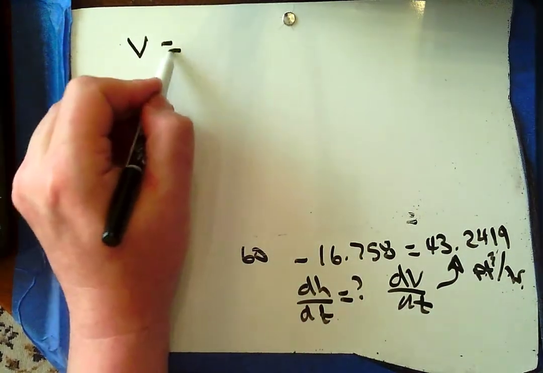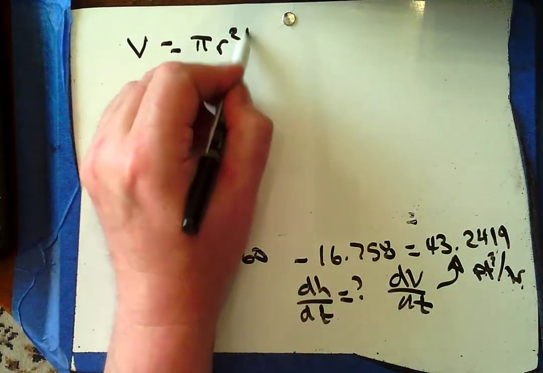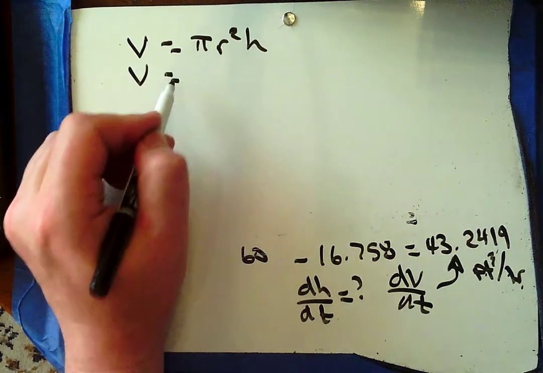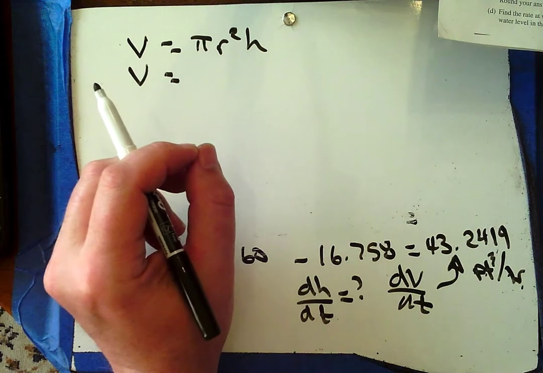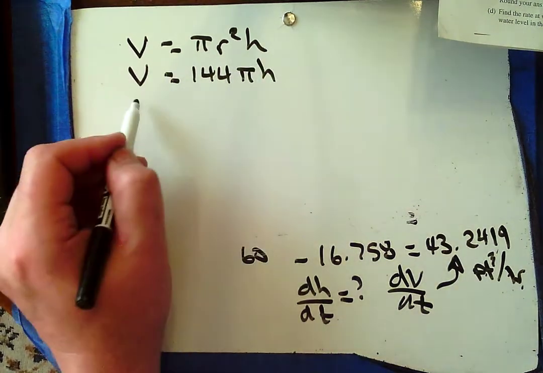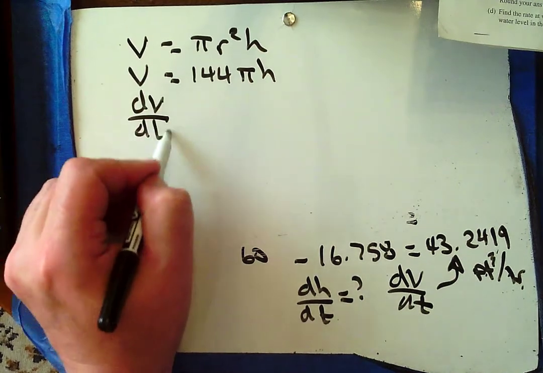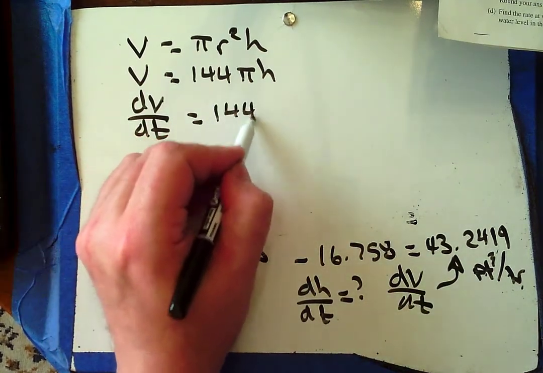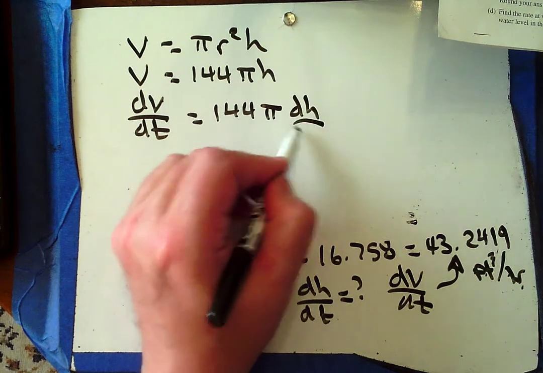So we know V equals pi r squared h. Radius is a constant 12, so 144 pi h. And then I take the derivative of both sides with respect to time, dV/dt equals 144 pi dH/dt.